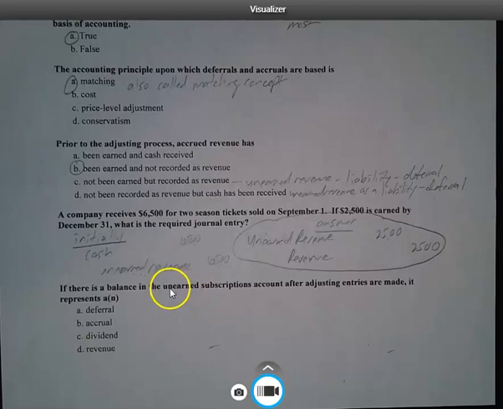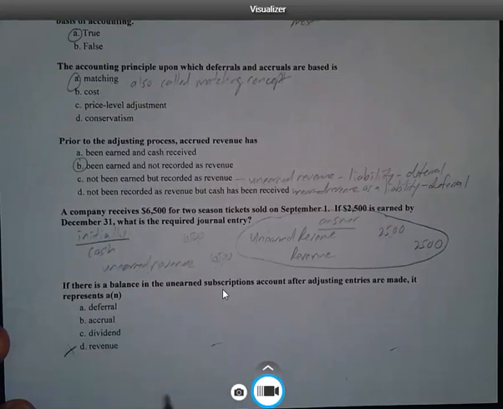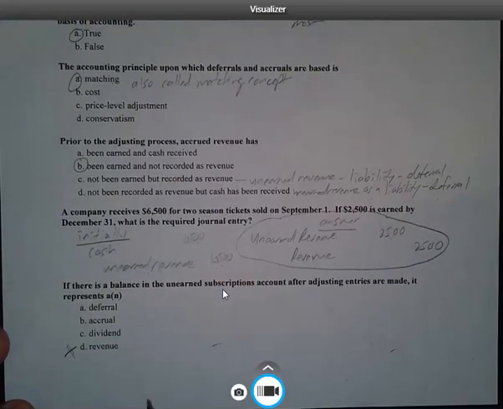Because the portion of unearned subscriptions that remains at the end of the year is a liability. But that's not all it is. So let's go through here and see what it is. It's not a revenue. I mean, it's unearned revenue, but that's not what it is because it's a liability.